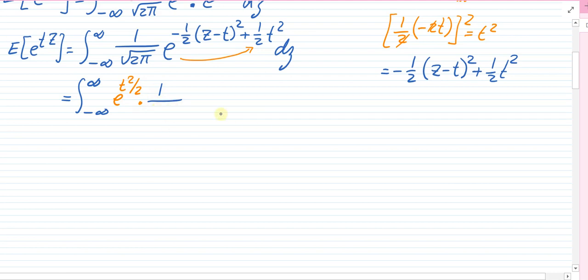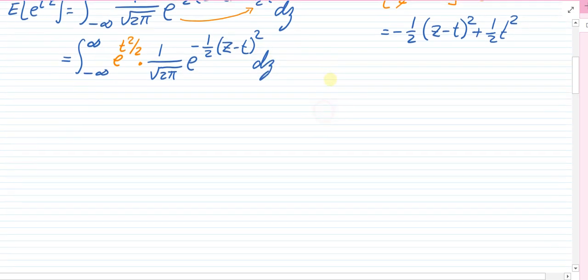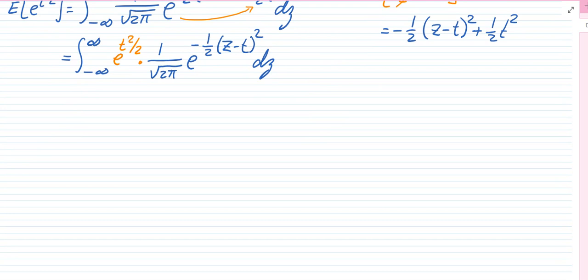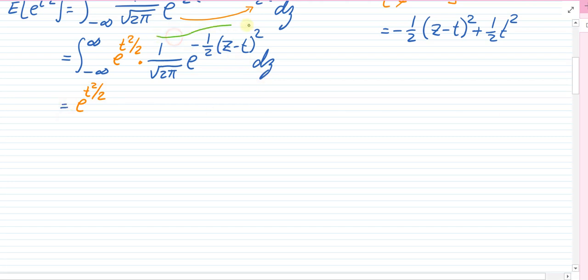1 over square root of 2 pi, and then e to negative 1/2 (z minus t) squared dz. Okay. Now, once I bring that e to t squared over 2 outside of the integral, all that remains in the integrand is this expression, correct?